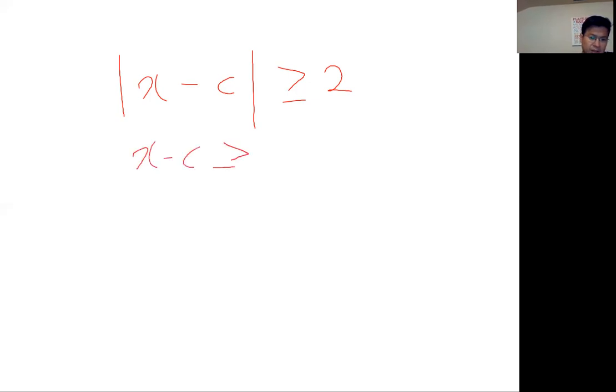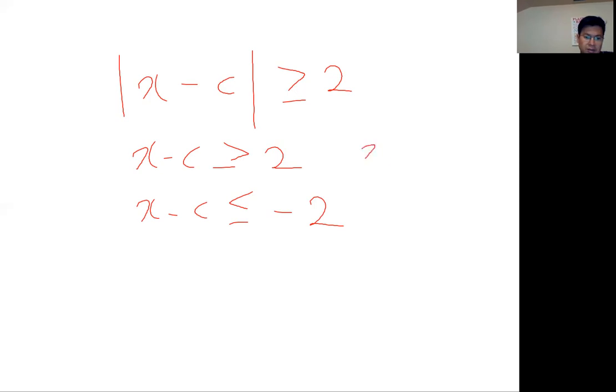Now this is the case I explained about, the absolute inequality. This one is open to x, which means greater than the greater one, lesser than the lesser one. So x minus c is greater than the greater one, and x minus c is less than the lesser one.